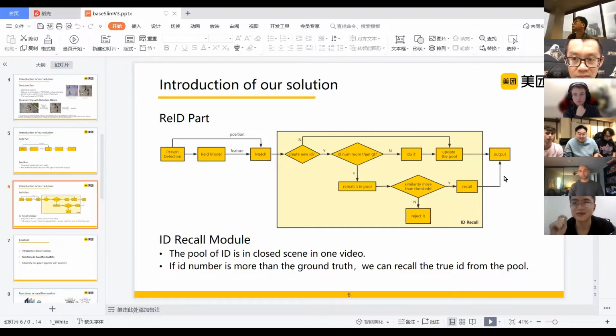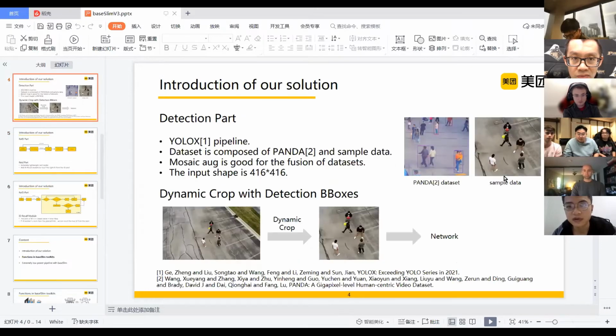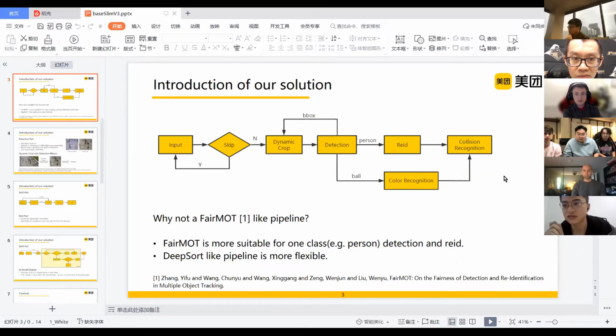The sample solution, we only change the detection model and the re-identification model. The detection model is YOLOX, and the re-identification model uses our own backbone. And the collision recognition, we change it a little. Collision recognition means which person holds which ball.